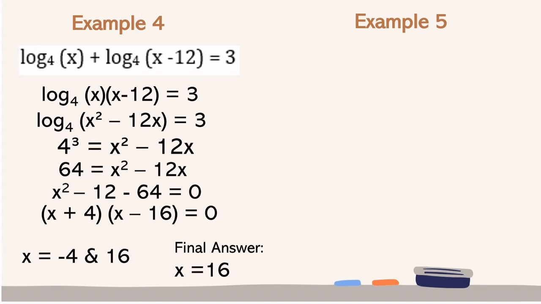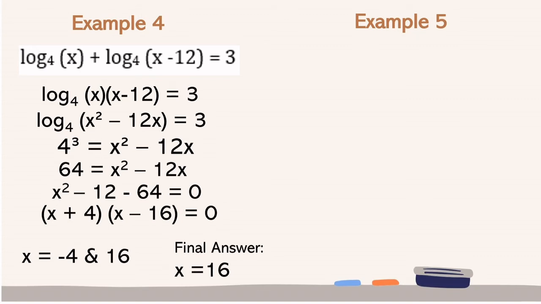Then distribute the x, giving us logarithm of x squared minus 12x to the base of 4 equals 3. Next, convert the equation to exponential form. 4 cubed equals x squared minus 12x. Simplify and we get 64 equals x squared minus 12x.